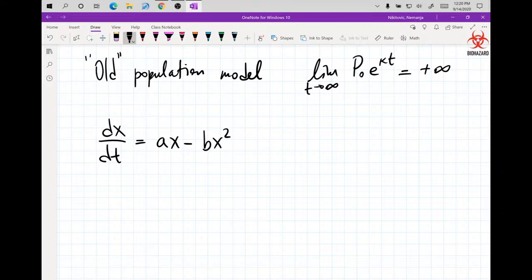And we just want to know what the solution looks like, and then when I go to 2.1, I'm going to replace this x with P and call it the logistic equation and call it the solution to the logistic problem, and then boom, we have a much better population model.